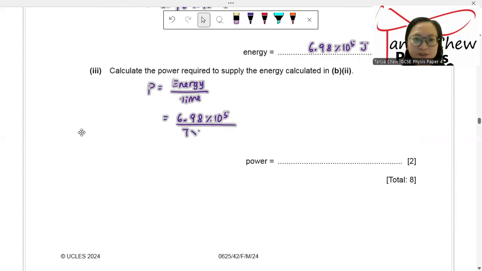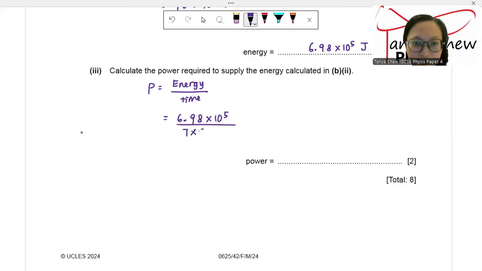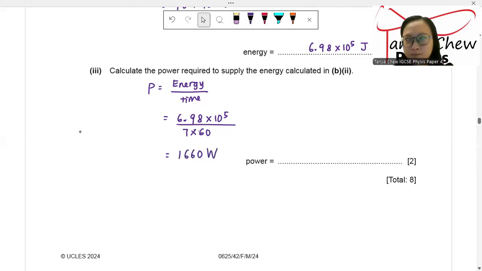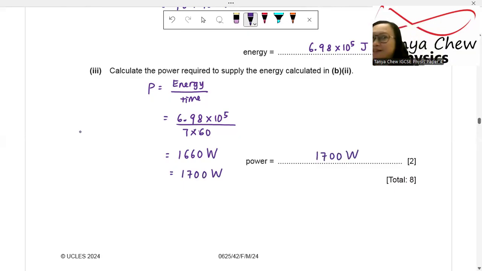So I'm going to change it to second. 7 multiplies by 60. And use your calculator. You're supposed to get 1660 watt. Watt is the unit of power. So I put it as 1700 watt. I round it off to two significant figures.